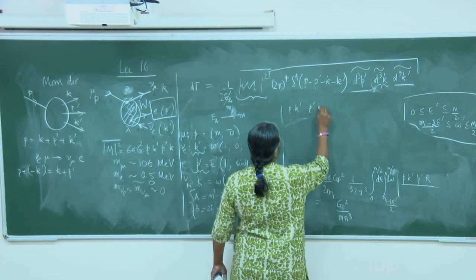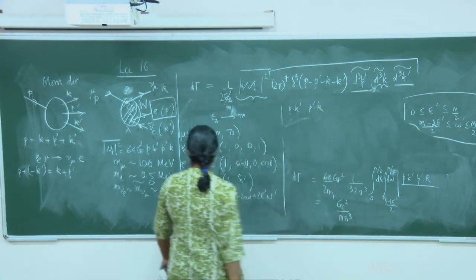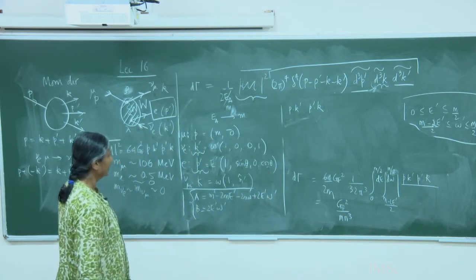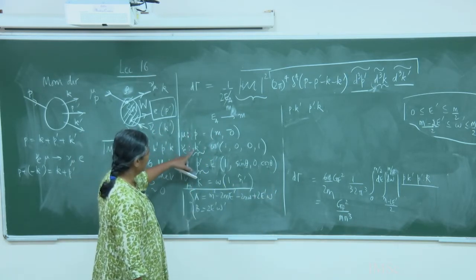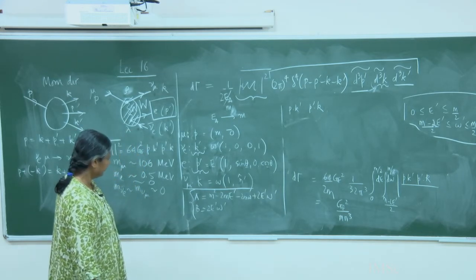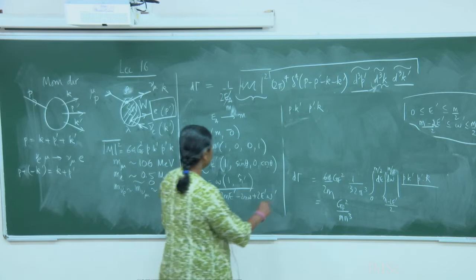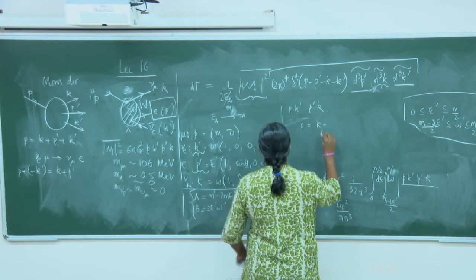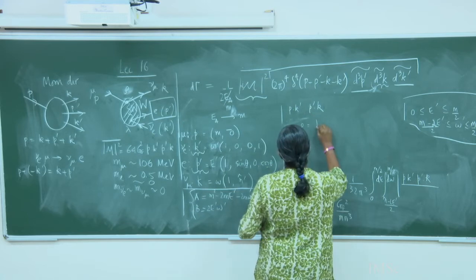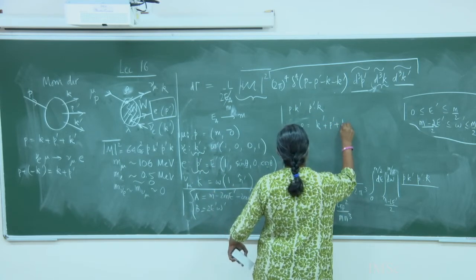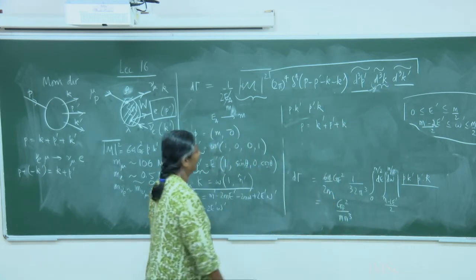P prime dot k. First of all, k has been integrated over, right. So I have to write k as p minus k prime minus p prime. So let me just write it down here. So p is equal to k, sorry, k prime. I am just writing it in the same order.